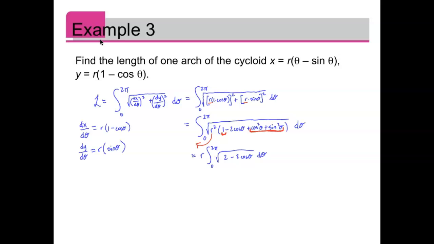All right, if I factor out a 2, this actually looks similar to an identity that we have in our trig cheat sheet. So remember you have that half angle formula.